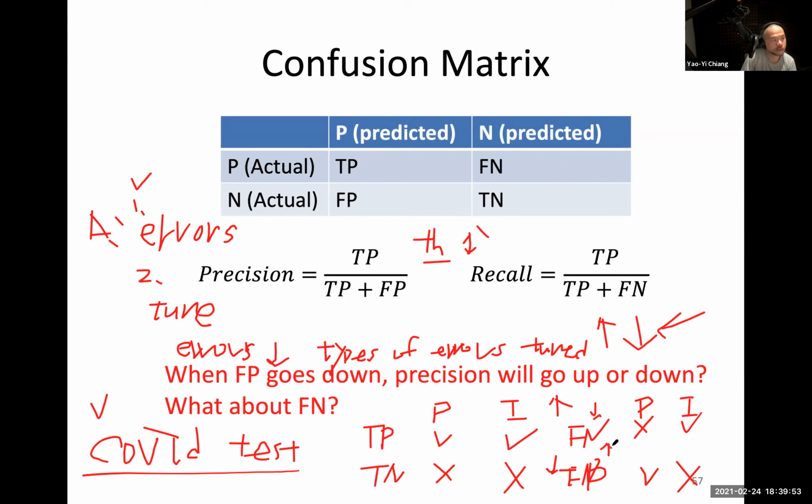People are saying we want more false positives and lower false negatives, right? Because especially in the medical domain, you want to be able to eliminate false negatives by increasing your false positives.